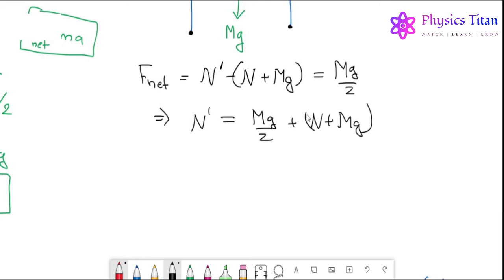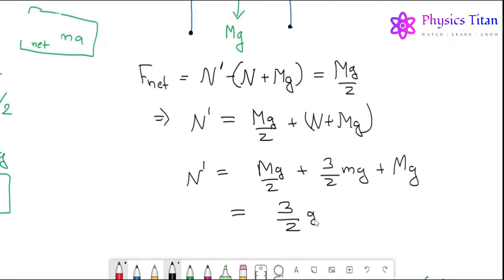That means N dash will be equal to Mg by 2 plus 3 by 2 mg plus capital Mg, which is equal to 3 by 2 g times m plus M. This is the normal reaction on the table by the lift.